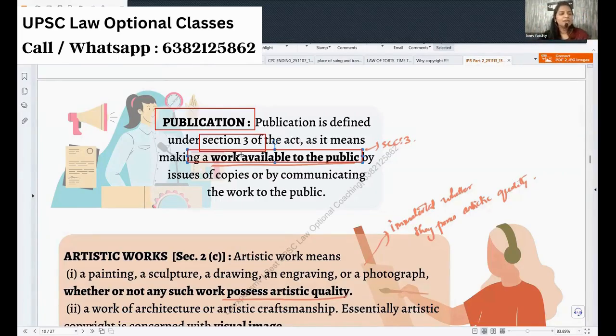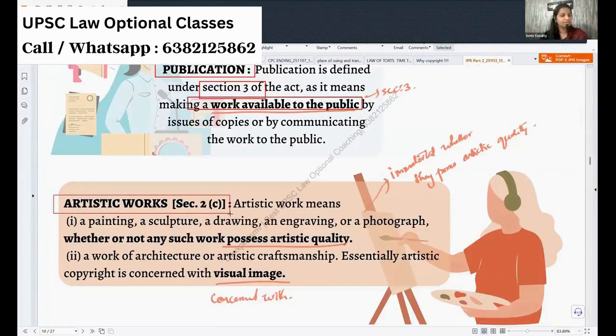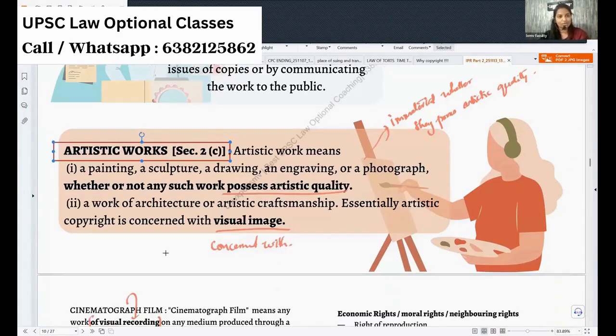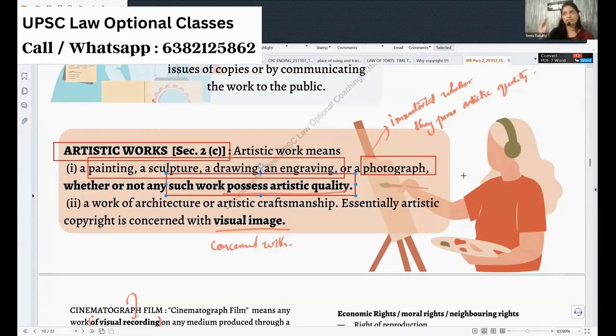Now coming to artistic work, defined under section 2 clause c. Artistic works include painting, sculpture, drawing, engraving, and photography also, whether it has any artistic quality or not. Because what is beautiful for someone may not be beautiful for someone else.